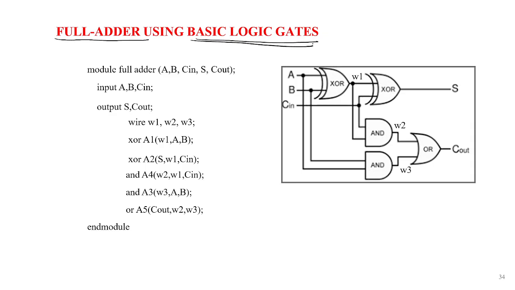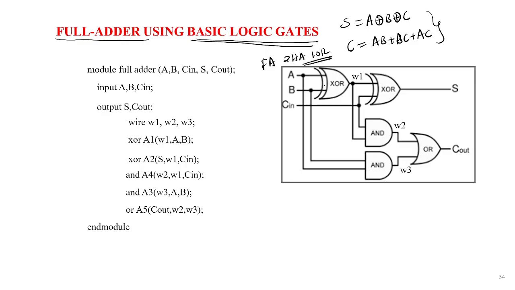Sum equals A XOR B XOR Cin, and carry equals AB or BC or AC. With these expressions, I implemented this full adder using 2 half adders and one OR gate.